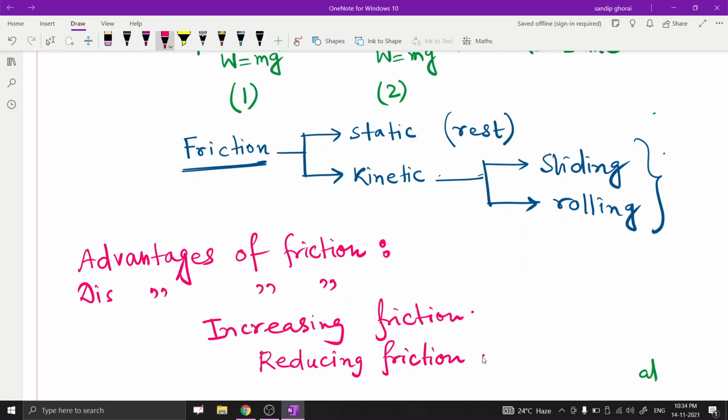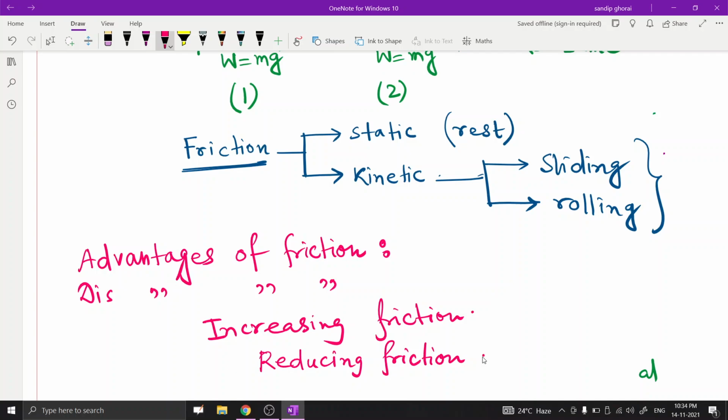Today we discussed in general what friction is, the types of friction, which factors friction depends on, the advantages and disadvantages of friction, and also how we increase or reduce friction, and the processes behind increasing and decreasing friction.